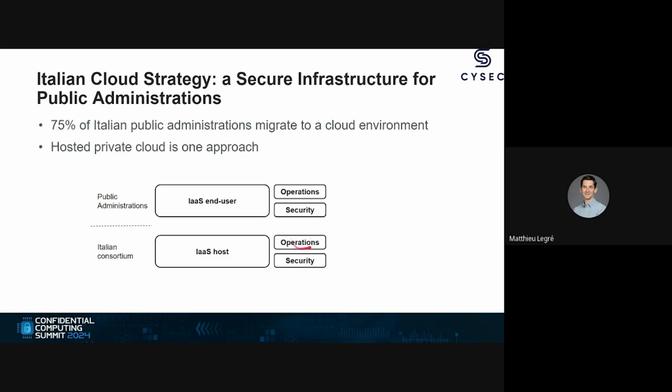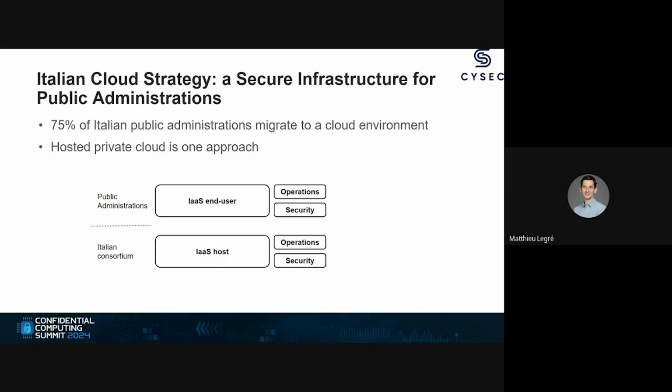They will operate all the operations as a host, and also make sure that the security mechanisms that need to be applied at the host level are managed by them.